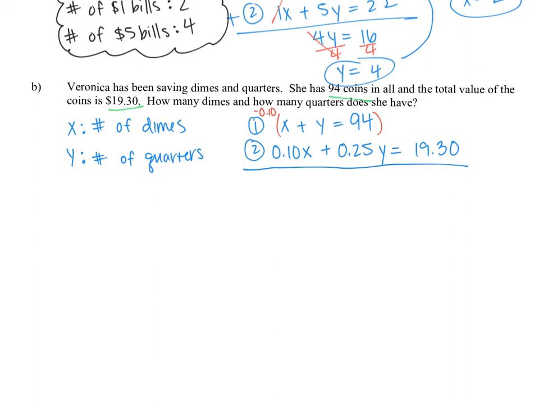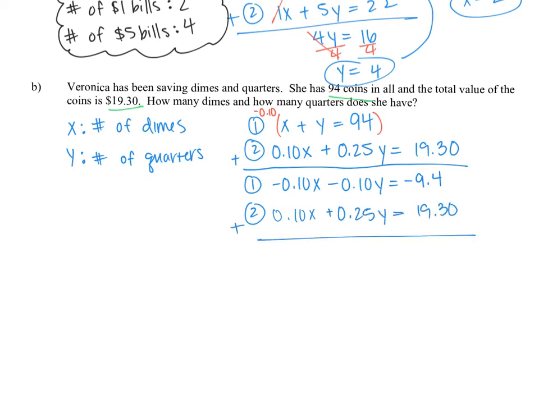So if I multiply negative 0.10 into the first equation, I get negative 0.10x and negative 0.10y. If I take negative 0.10 and multiply it with 94, I get negative 9.4. And the bottom equation, I did nothing to it, so I'm just going to bring it down the way it is.